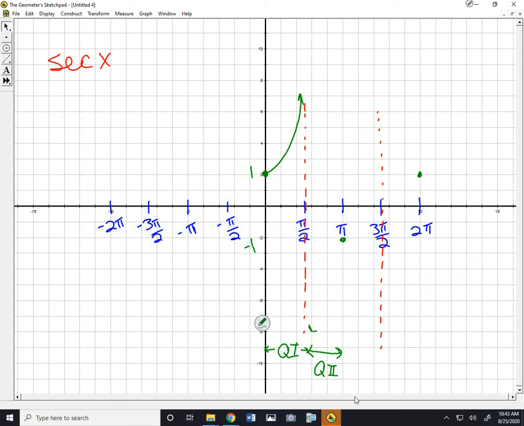So coming from the left side, this is going to be coming from negative infinity up to that point. In the third quadrant, x values are still negative, and so this is going to just run right back down into negative territory again. It cannot break into positive territory. And then when I get to the fourth quadrant, x values are positive again.